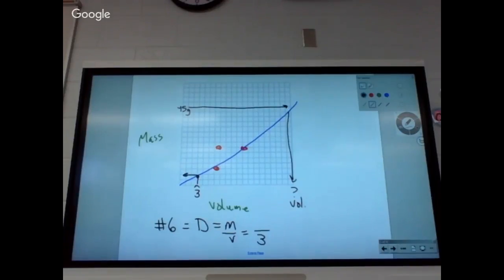Okay, so I put a unit on it. Found volumes. Good. And now the last one. You're doing what I did there, number 6. Density equals mass divided by volume. Okay, so I put the volume there because that's what they told you that you have. Now you got to read your graph. Find 3 milliliters, read to the graph, and then find the mass.